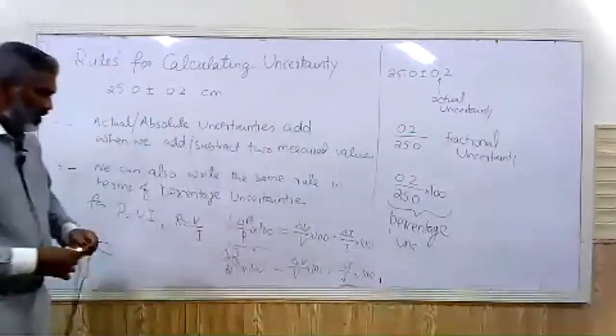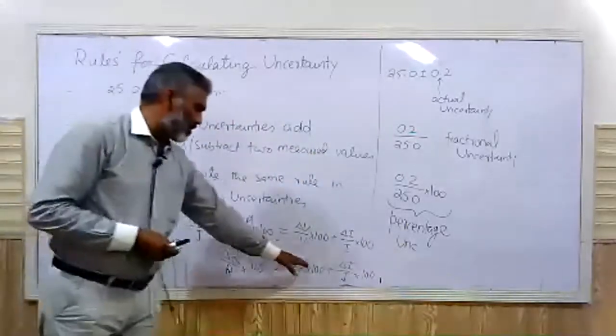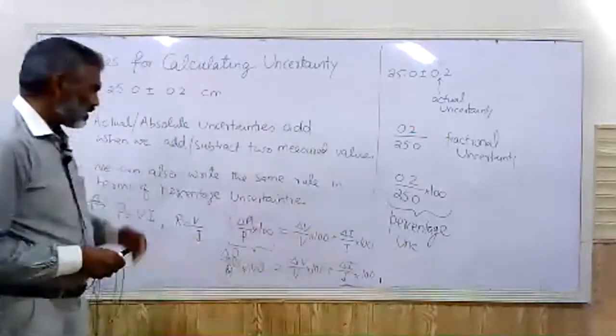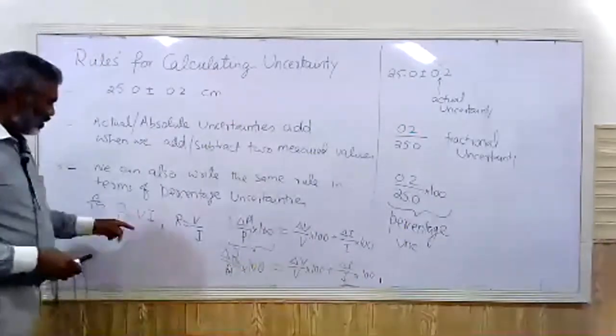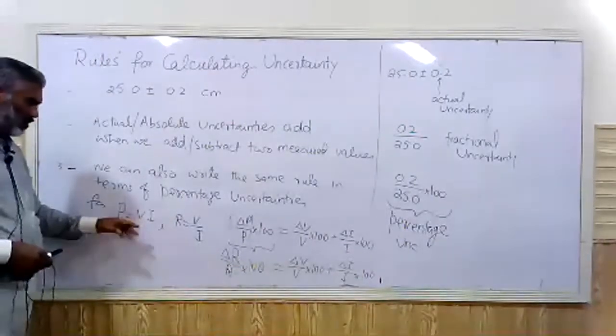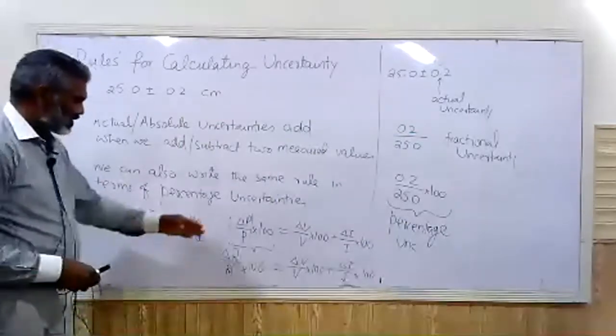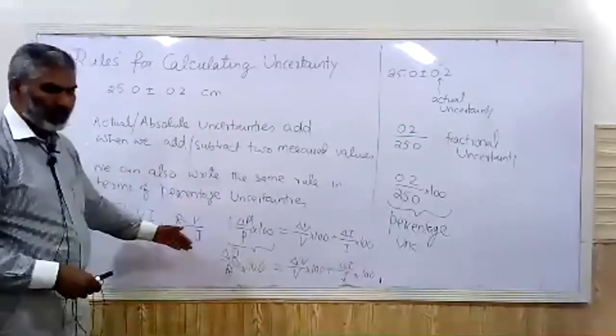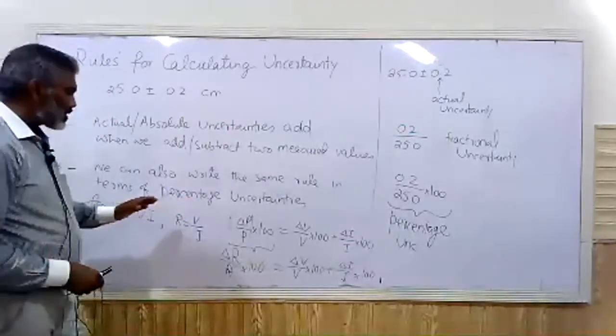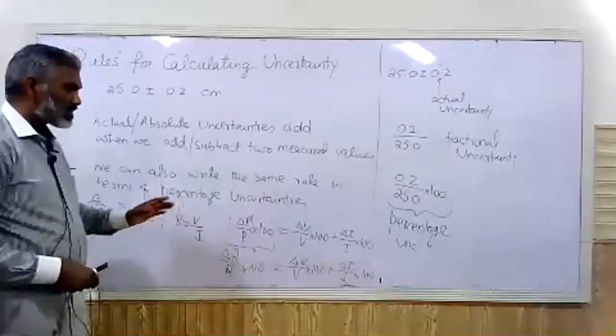So you see, right hand side remains exactly the same, even though in one situation it is the product of V and I, and in another situation it is the quotient of V and I. So percentage uncertainties simply add.